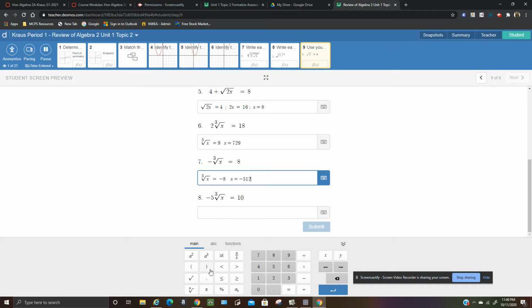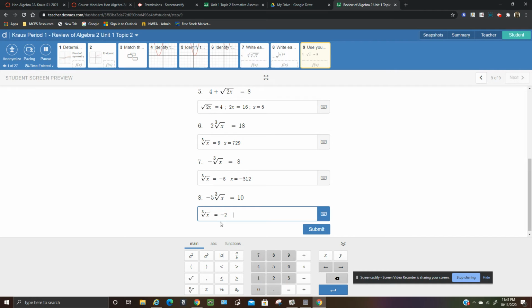And then the last one, whoops, I'm in the wrong box here. Let me delete that. All right. So cube root of x, divide by -5 is equal to -2.